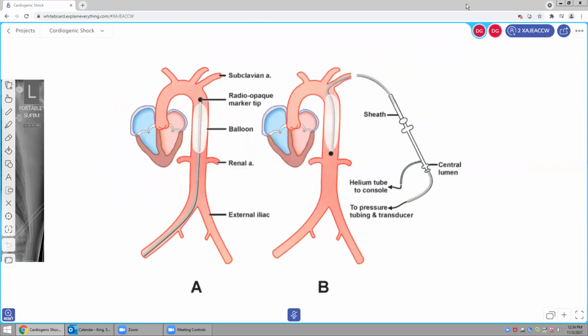Where does it go? Great. So it goes in the aorta, the descending aorta. And then what does it do? Yeah, what's the point of that?